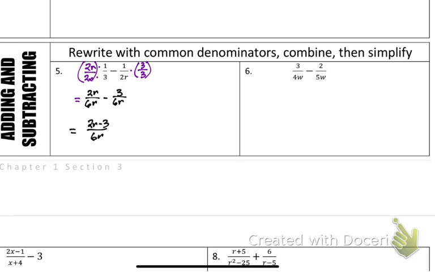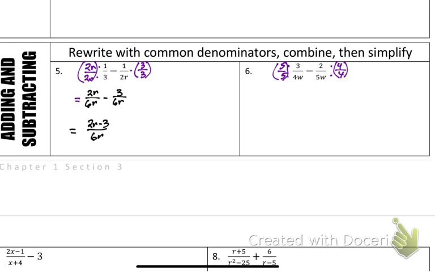So I'm not going to multiply by a w. Instead, I'm just going to multiply the top and bottom of the first one by 5. I'm going to multiply the top and bottom of the second one by just 4. Because now I'm picturing, okay, 5 times 4 is 20w. 4 times 5, that's 20w.